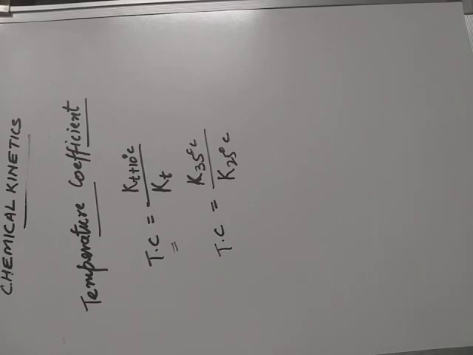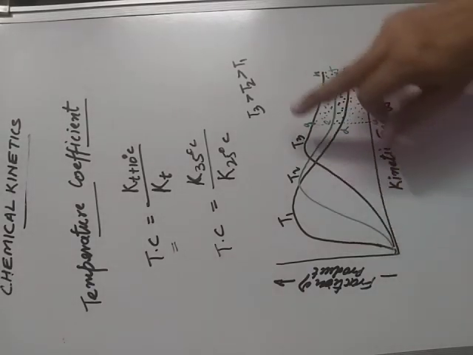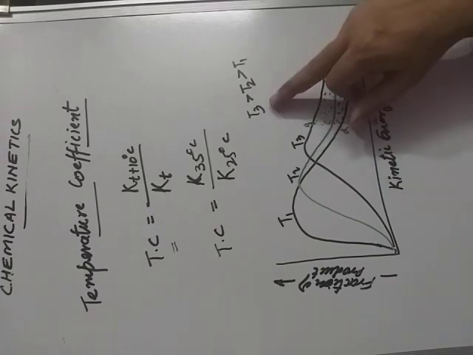Now take the screenshot. In this graph you can see the effect of temperature on the fraction of products. This is a plot between fraction of product and kinetic energy. As the temperature increases, see here temperature T3. T3 is the highest temperature.